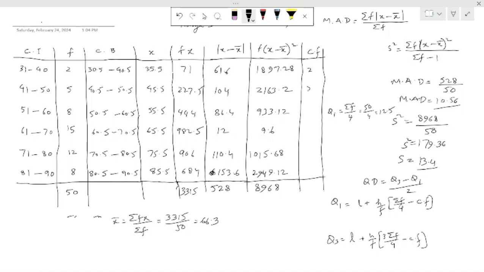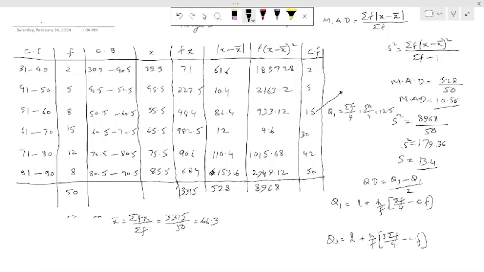That's 2, 5, then 15, then 30, then this is 42, and that's 50. So we need to highlight the group in which Q1 falls, which is this one, because CF corresponding to the Q1 value, which is 12.5, is 15. 12.5th observation will be located in this group.